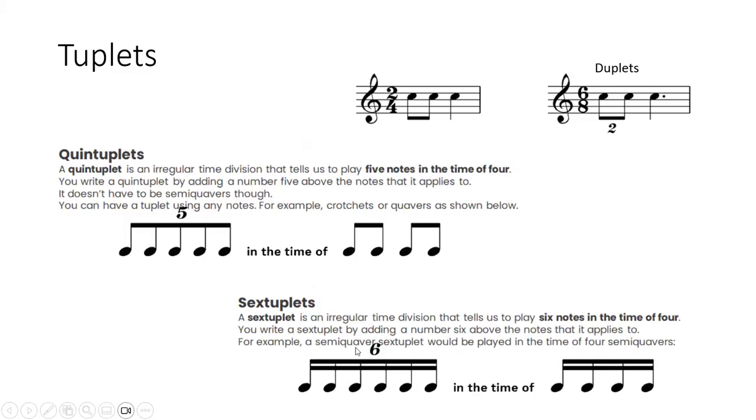Because 6 in sextuplets, you can group that in 3, so you would get that in compound time as well. But you wouldn't need to have the 6 there because you're already grouped in 3.